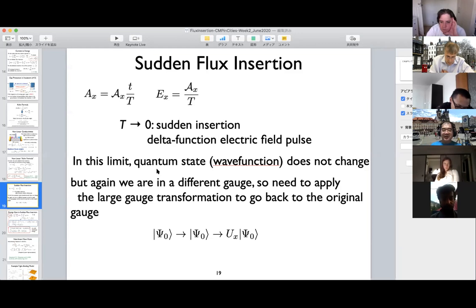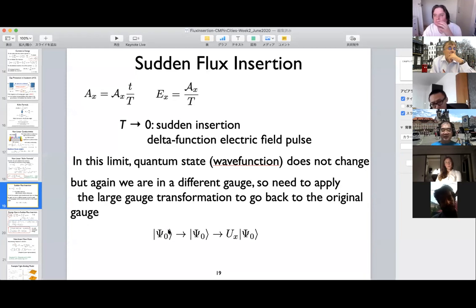So this is something called the sudden approximation in the standard quantum mechanics textbook. But the point is that I switch on the flux suddenly, but the wave function cannot catch up, so the wave function remains the same as before, but we are in a different gauge. So in order to make a meaningful comparison, you should apply the large gauge transformation.